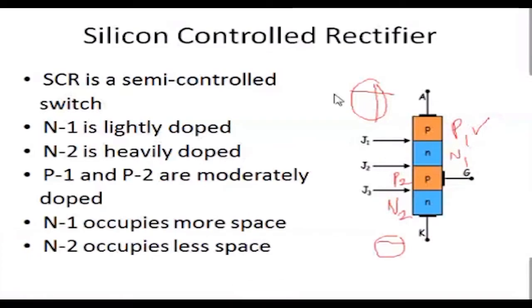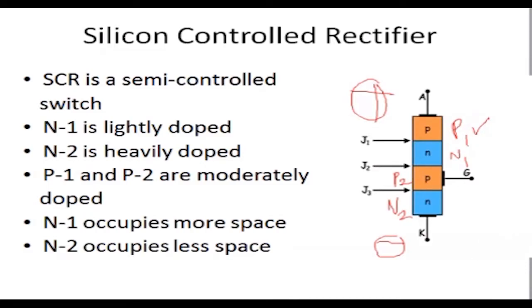See the junction conditions. If the anode is connected to the negative terminal of the battery and the cathode is connected to the positive terminal of the battery, then what happens?